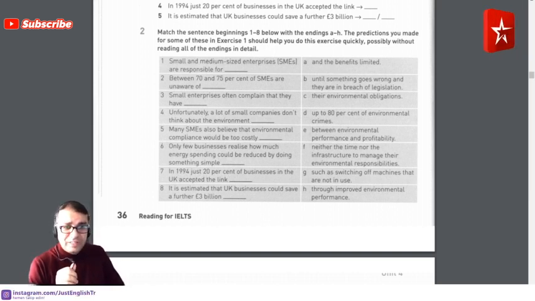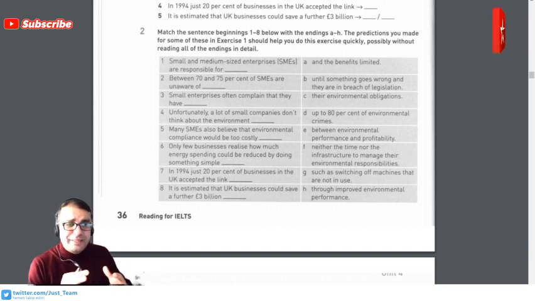Thank you. Okay. Now number 2. Number 2, folks. Between 70 and 75% of SMEs are unaware of what? What is the word or sentence we have to complete the whole meaning?